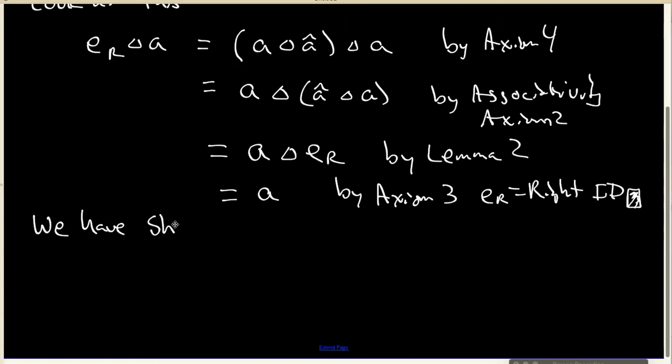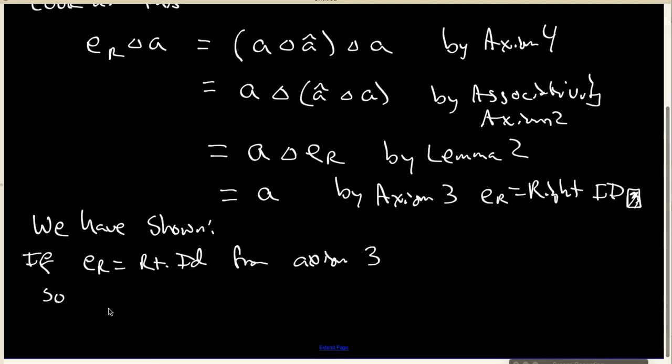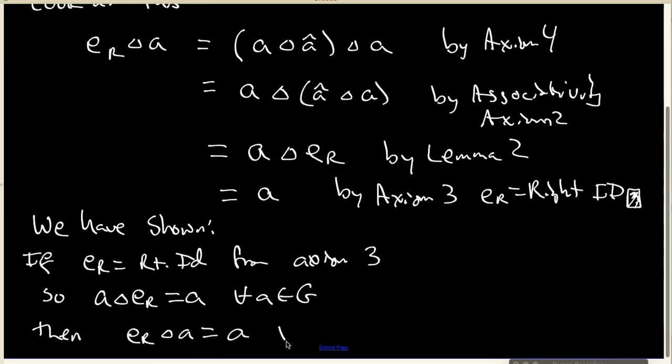We have shown that if ER is the right identity from axiom 3, so we know that A triangled with ER is equal to A for all elements inside the group, then we happen to know ER triangled with A is also equal to A, and because the choice of A was arbitrary, this is true for all elements inside my group.